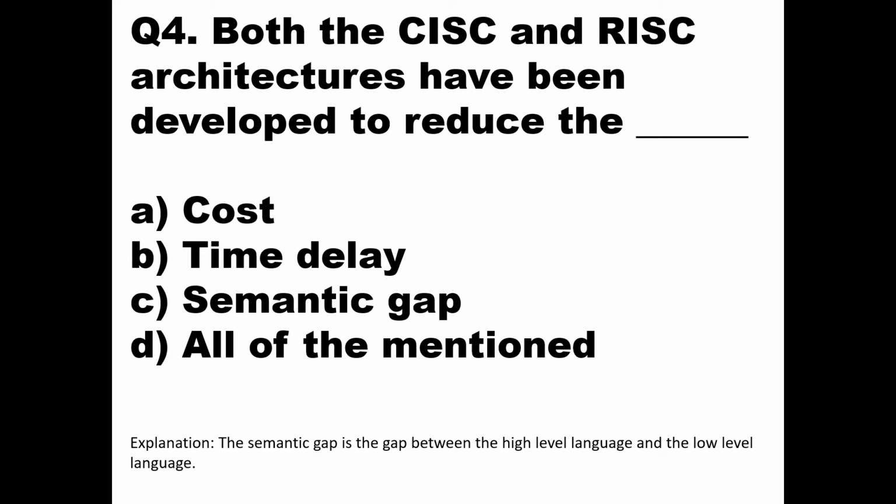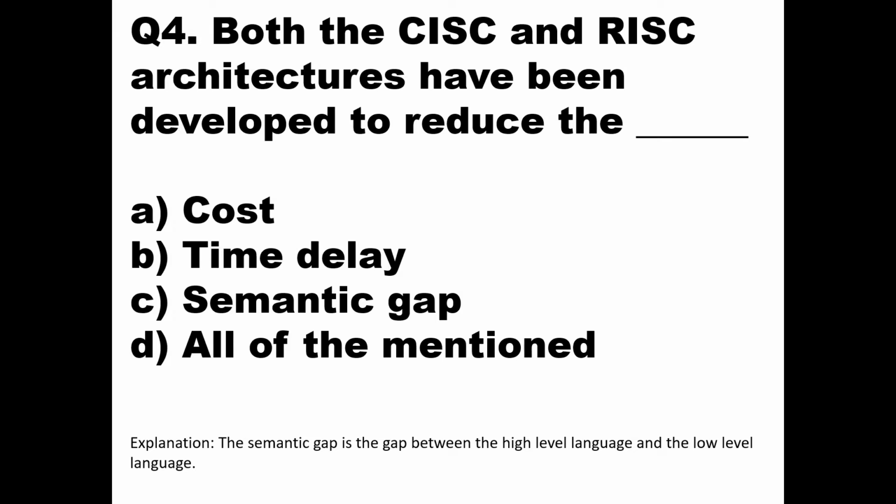Question number 4. Both the CISC and RISC architectures have been developed to reduce: the options are cost, time delay, semantic gap, and all the above. Here the answer will be C, that is semantic gap. As I've shown below, semantic gap is the gap between the high level language and the low level language.